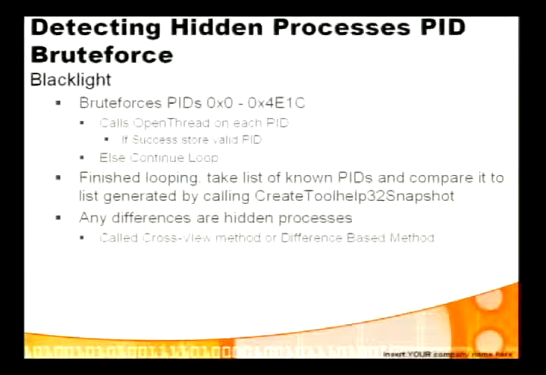Then they would call another API like ZwQuerySystemInformation to get back a listing from the kernel of all the processes. They could compare the two lists, and if there was any discrepancy, then they know they have a hidden process. This is very effective. However, FU2 showed that this could be defeated as well.